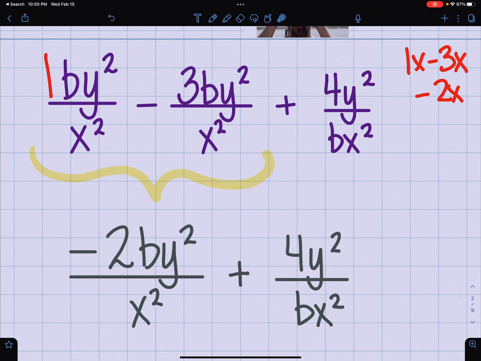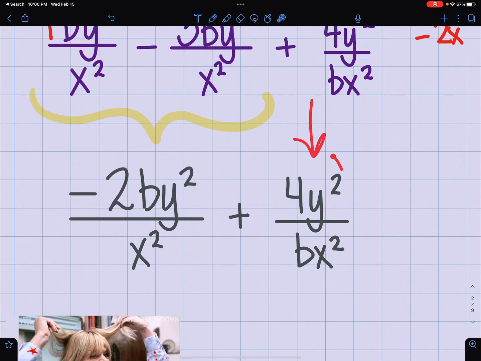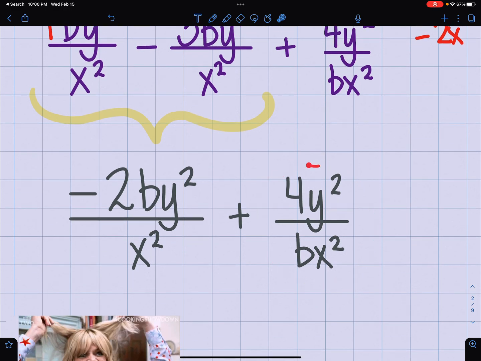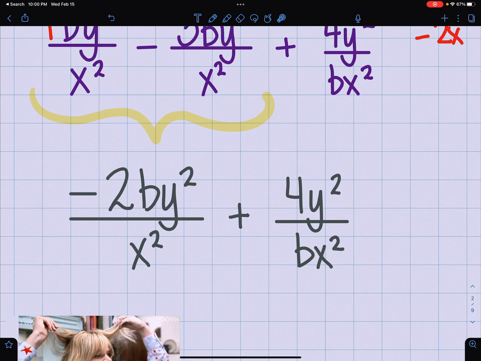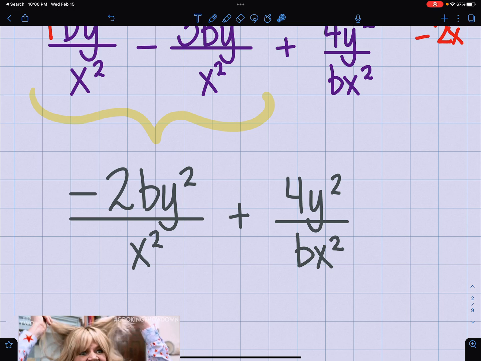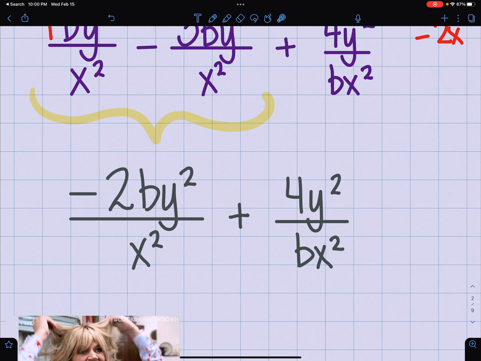The variables have to be exactly the same. So that one you cannot combine, so you just have to bring it down and add it to the end of this whole expression. And so that's the simplified version, and this is the answer. Okay, so there you go. The last term, because it's different, you cannot add it together.